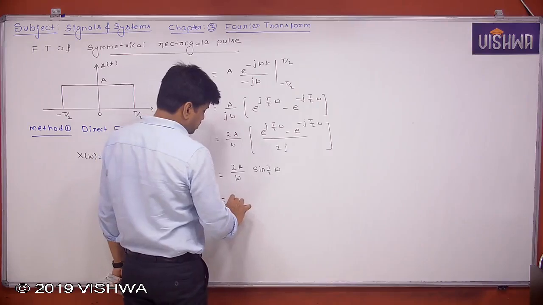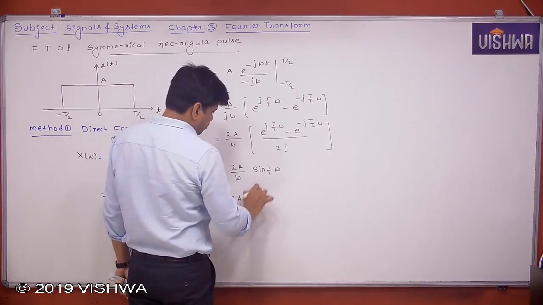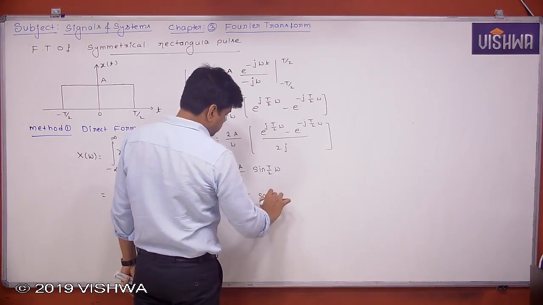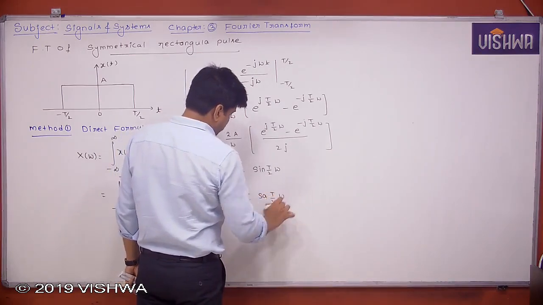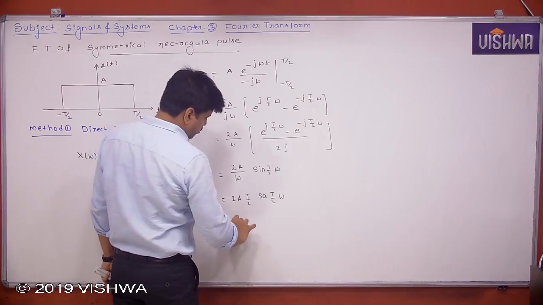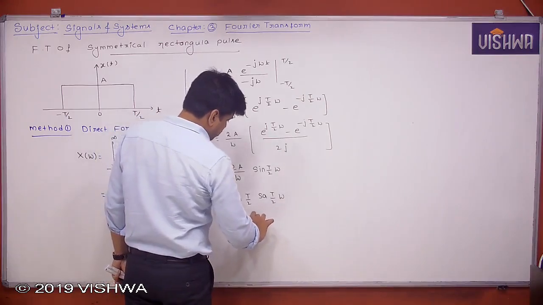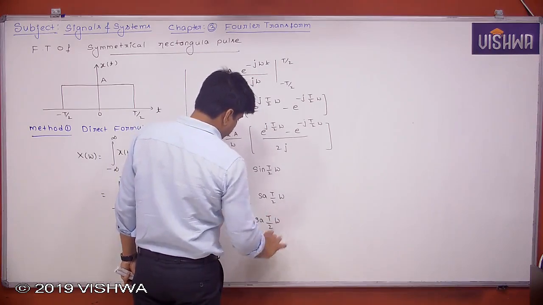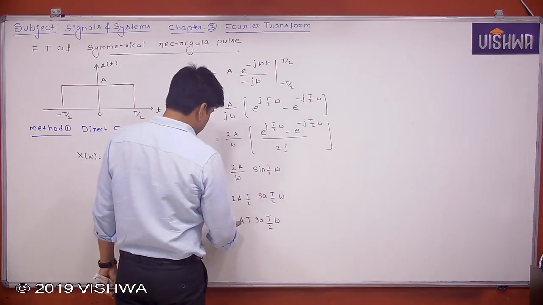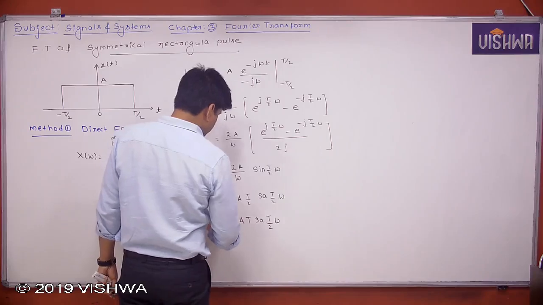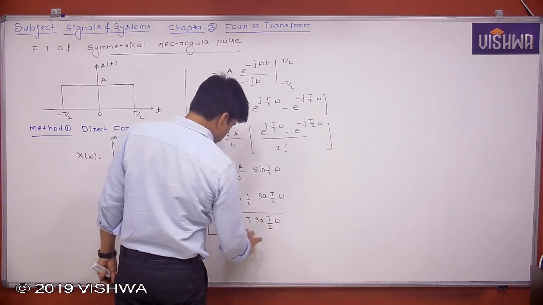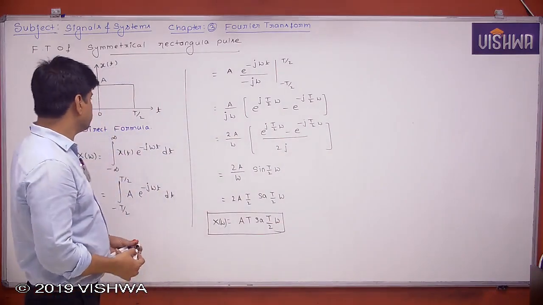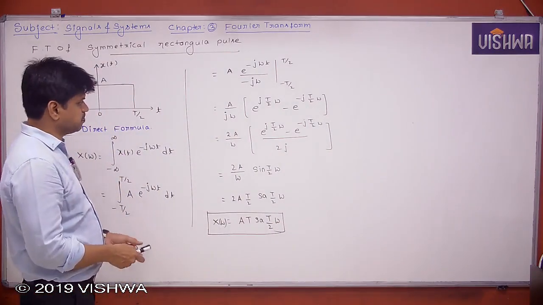So 2A T by 2 times sampling of T by 2 omega. The 2 gets cancelled, and finally we are left with A T sampling of T by 2 omega. So this is what x of omega is. Clear?